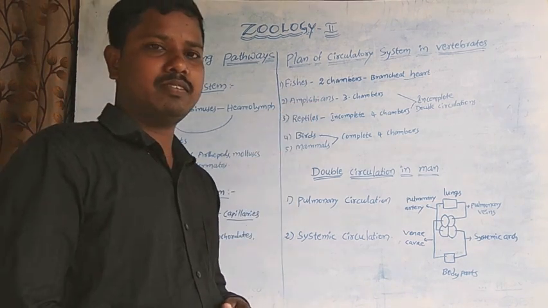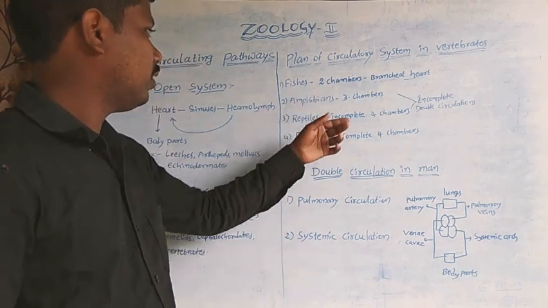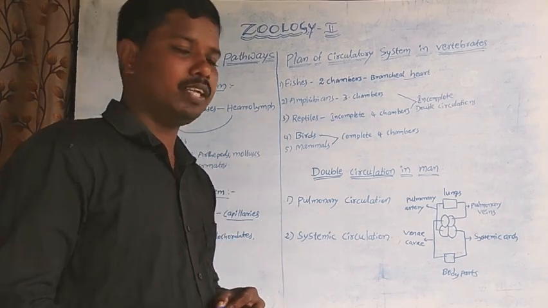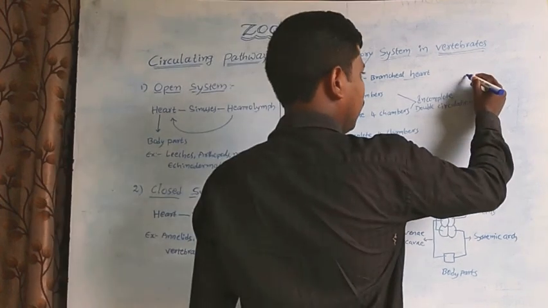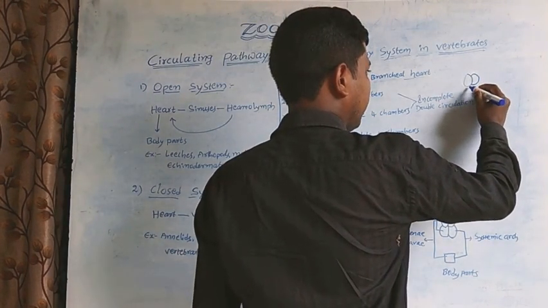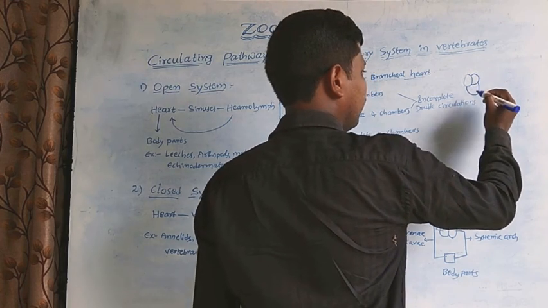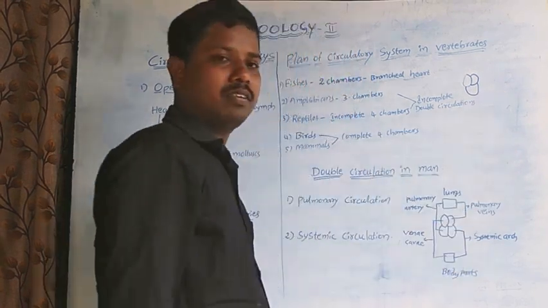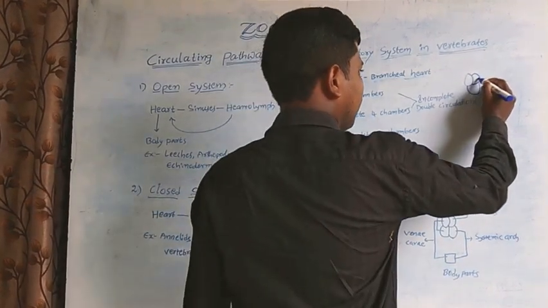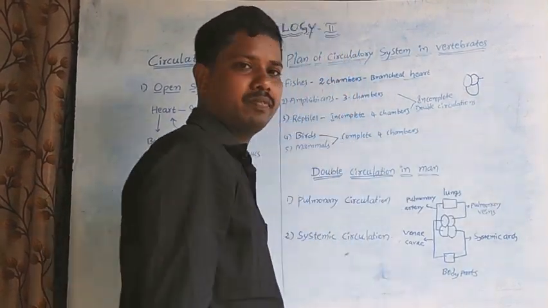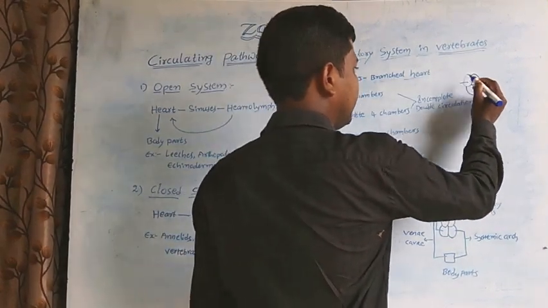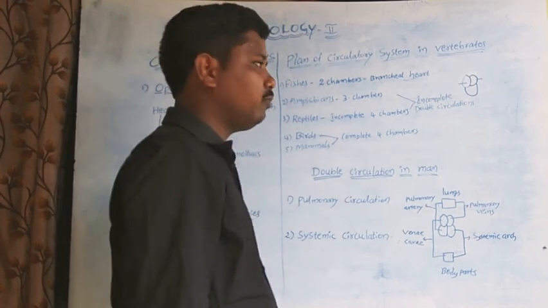In amphibians, a three-chambered heart is present. The upper two chambers are called atria and the lower one chamber is called the ventricle. The left atrium contains oxygenated blood, the right atrium contains deoxygenated blood.